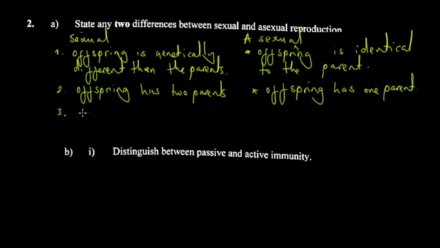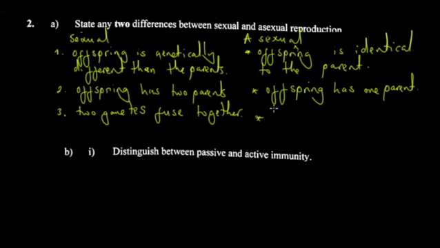So the next one is that sexual reproduction involves two gametes. Gametes means sex cells, not sexual cells. Two gametes fuse together in sexual reproduction.